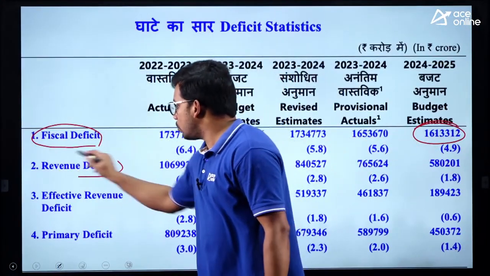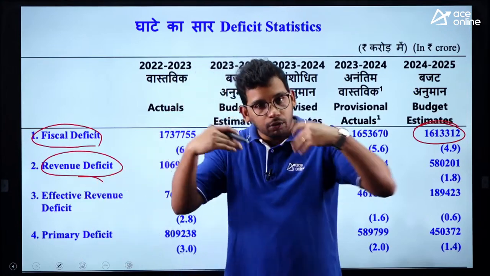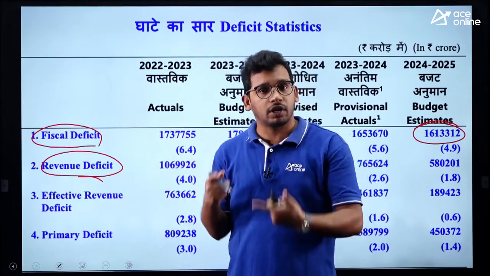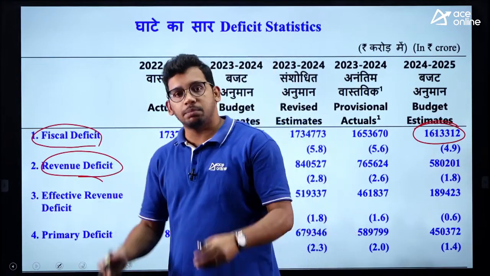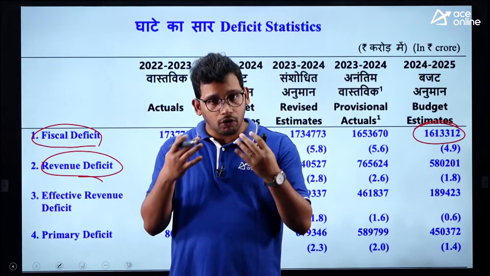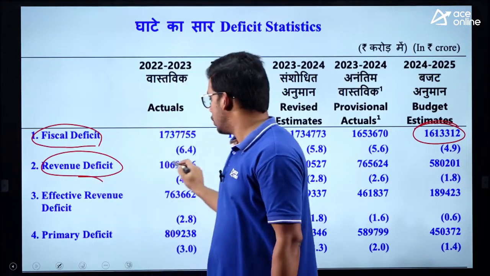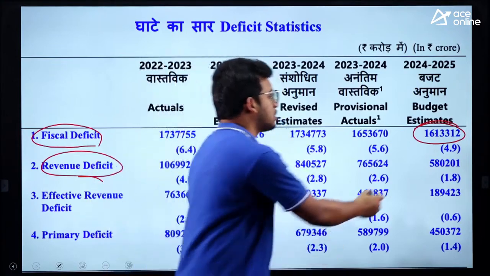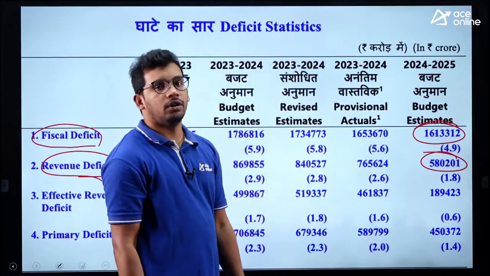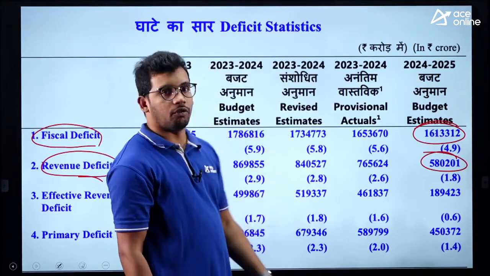Now revenue deficit: yesterday we discussed what revenue receipts are and all. That's why you need to understand the basics. So revenue deficit means revenue expenditure minus the revenue that the government is getting. So the deficit of total revenue is 5.8 lakh crore, that is the revenue deficit of the government.